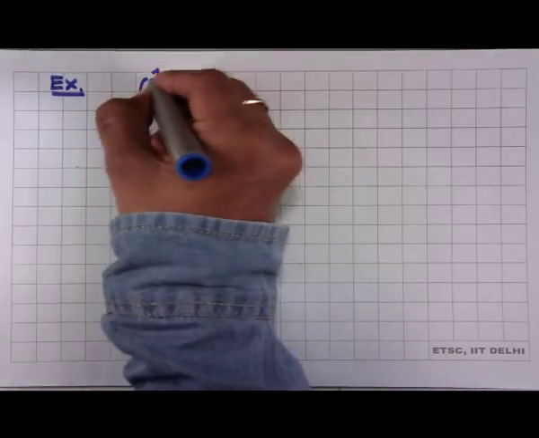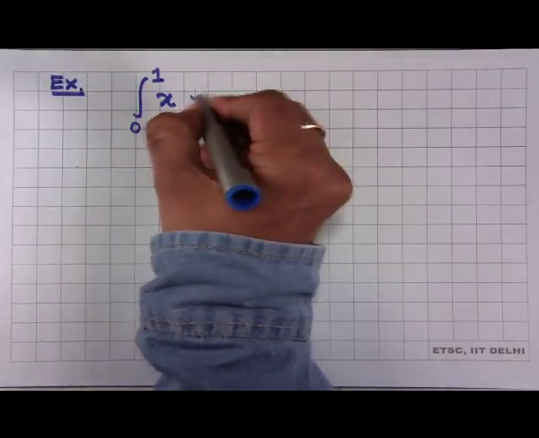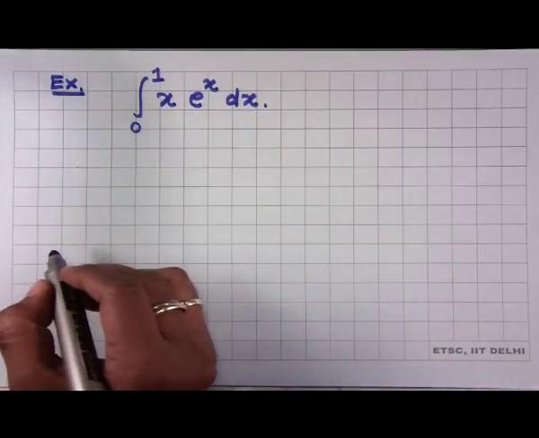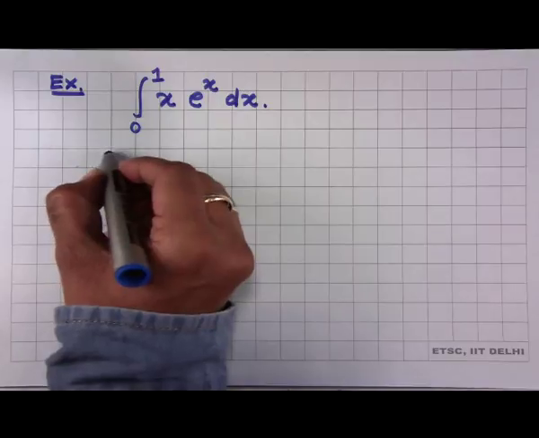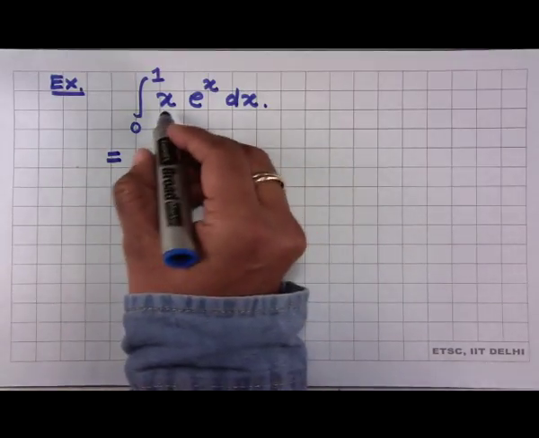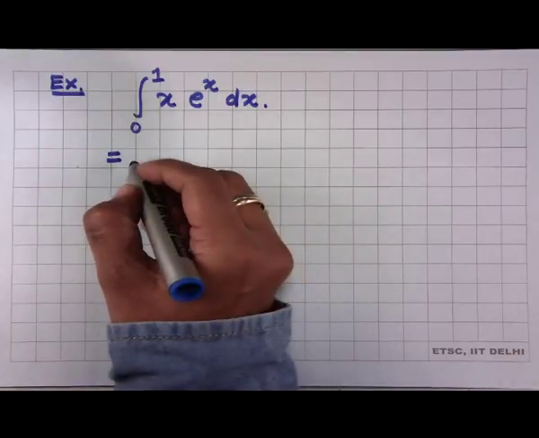So let us take this x e to the power x. We can use integration by parts to find out this definite integral.